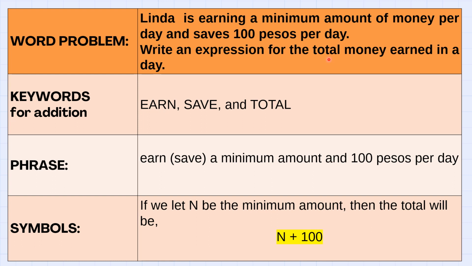And we're going to add a minimum amount and 100 pesos per day. Now, what will be the symbol for this phrase? If we let n be the minimum amount, then the total will be n plus 100, where n is the minimum amount and this 100 is the amount that is given in the problem.